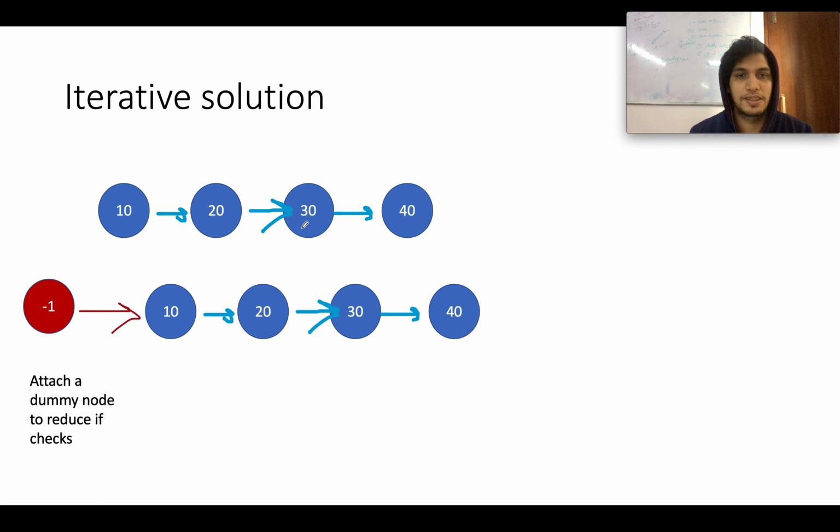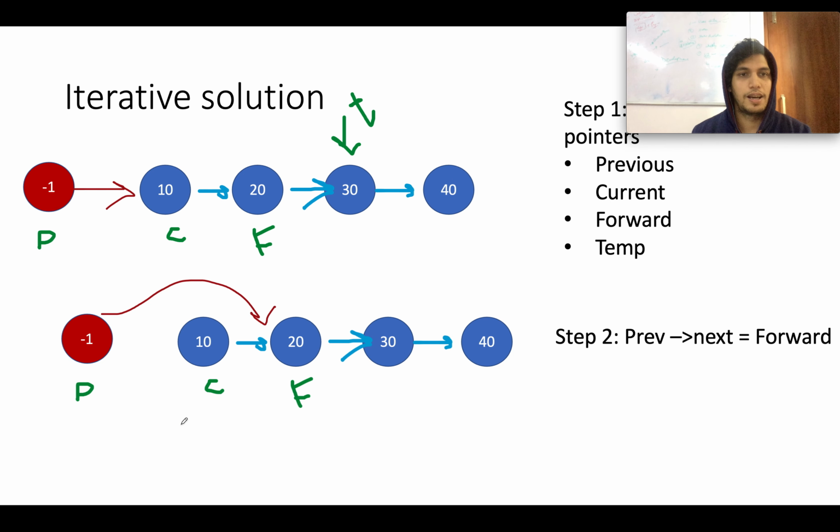So let's assume this is the linked list given to us: 10, 20, 30, 40, and this is the head of the linked list. First of all, you'll attach a dummy node to the linked list. So -1 becomes the dummy node, and dummy.next points to the head of the linked list. Let's define four pointers here. Let's call the previous node our dummy node and the current node previous.next.